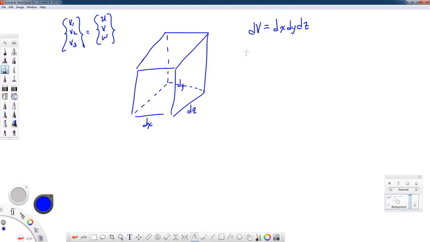And we have a fluid that has a density, and we're going to call that density rho, and that fluid density may change with time.